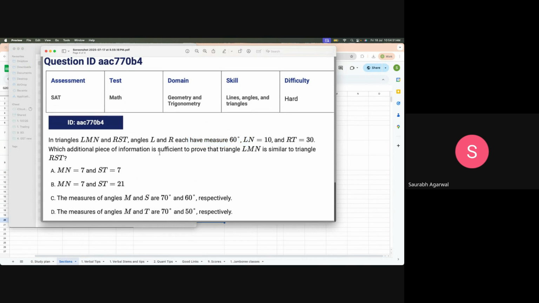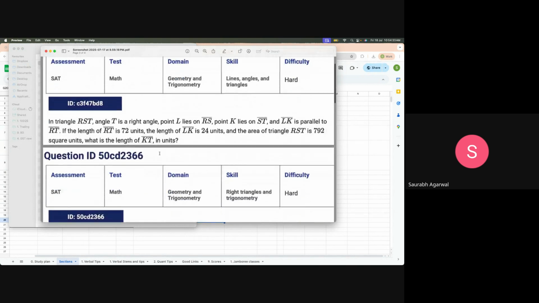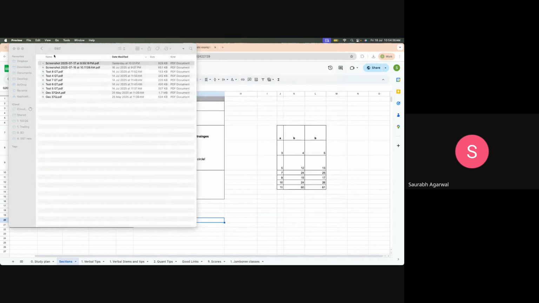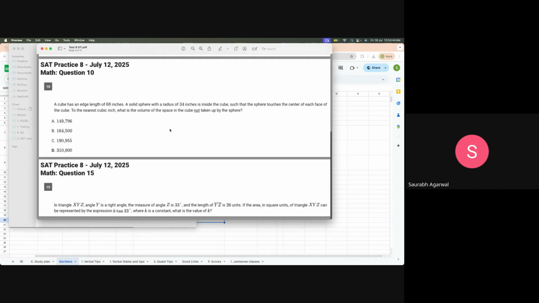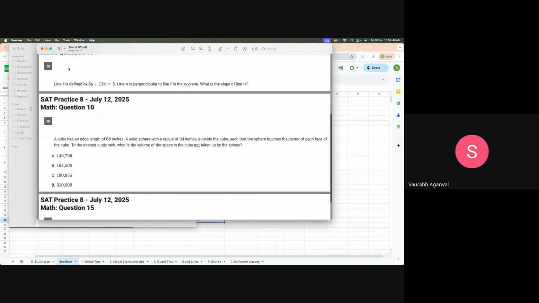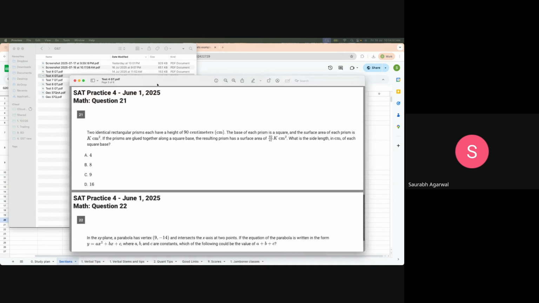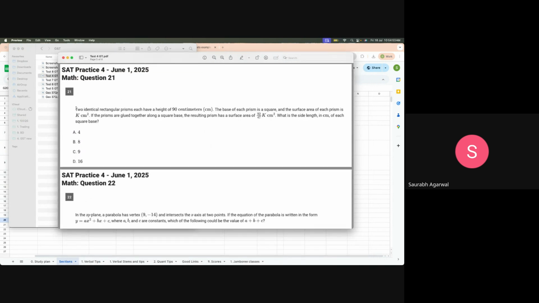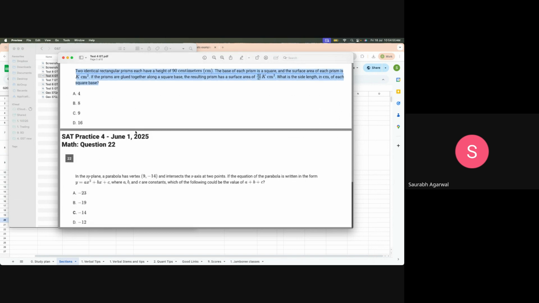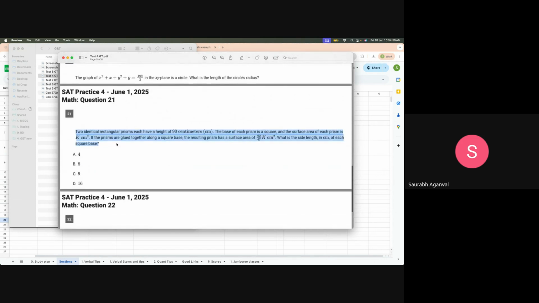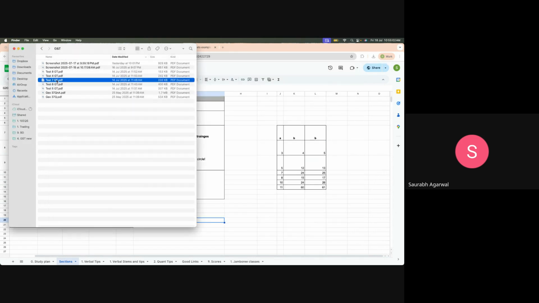For example, this is in a way a language question, but this is a reasoning question, not that much of a language question. Let me find a language question for you. Not a language question. Don't be scared of the language. For example, this is a language question and you were not able to understand the language. Oh, this is fine. Only this was a language question.